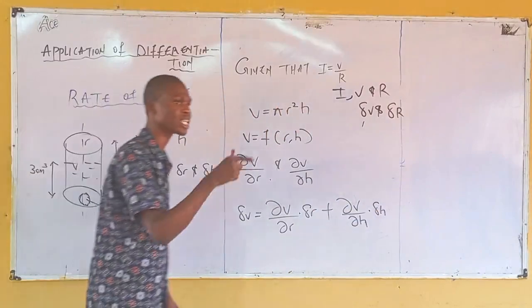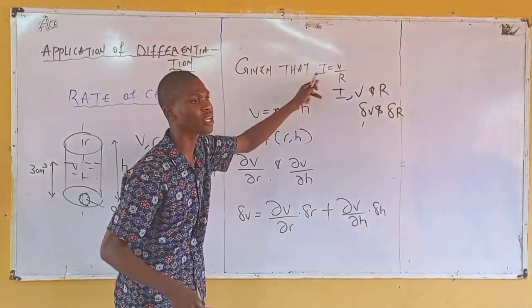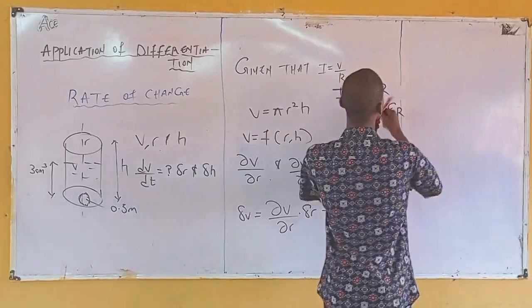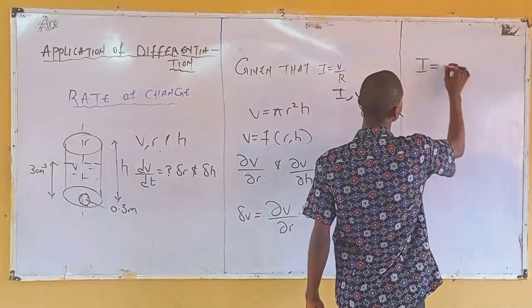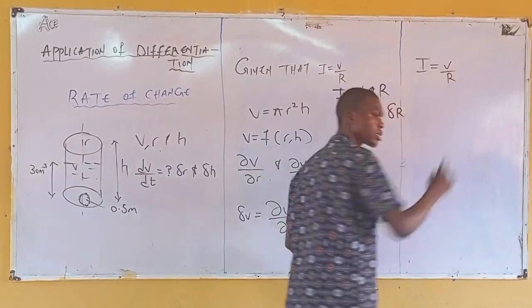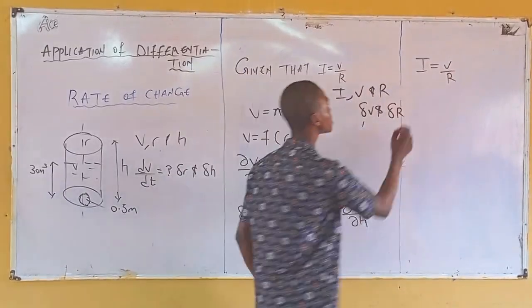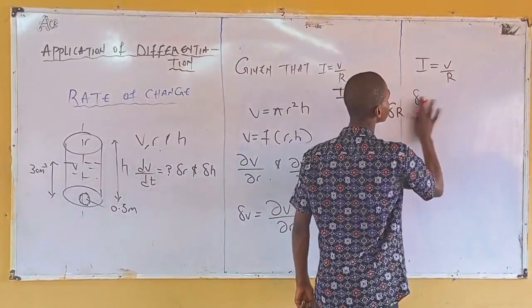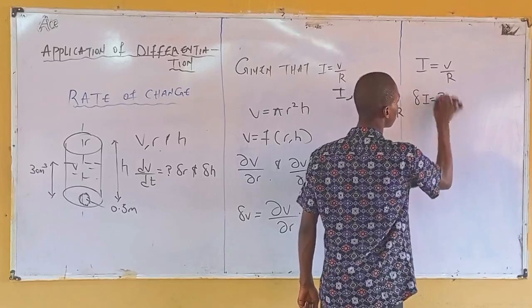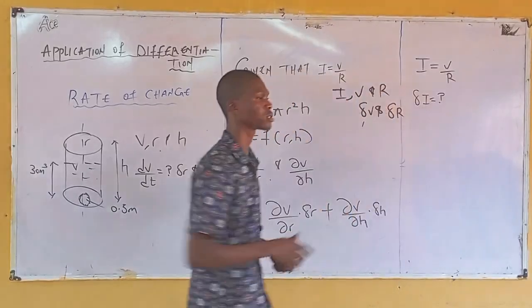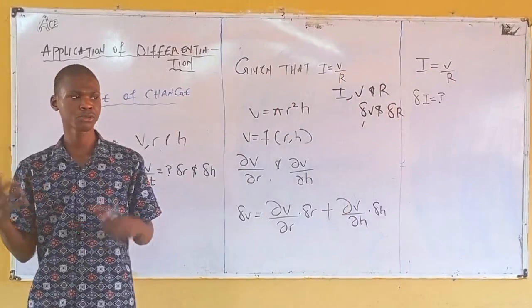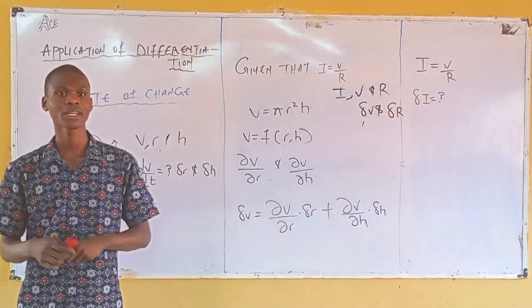No. Now with this idea, let's write the formula for I equals V over R. Let's write out the formula. This is what I'm looking for. Now the formula becomes what? I want you to think. You are an engineering student.